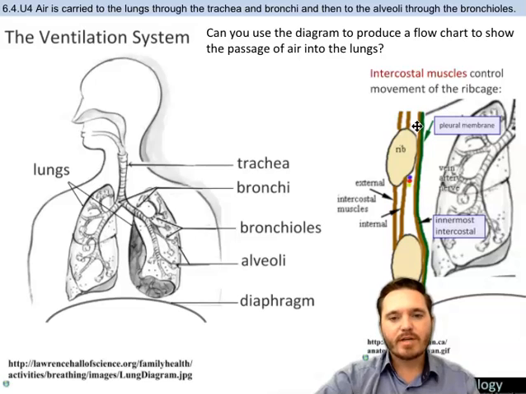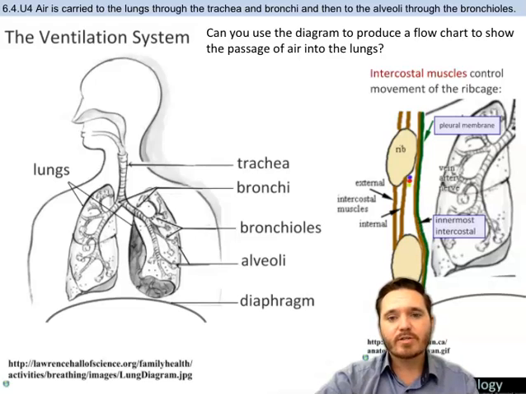Some other muscles that you're going to want to know about are the external and internal intercostal muscles. And so on this diagram here, you can see you've got your lungs over here on the right side, and then you've got on the outside of your ribs the external intercostal muscles, and then more on the inside are the internal intercostal muscles.